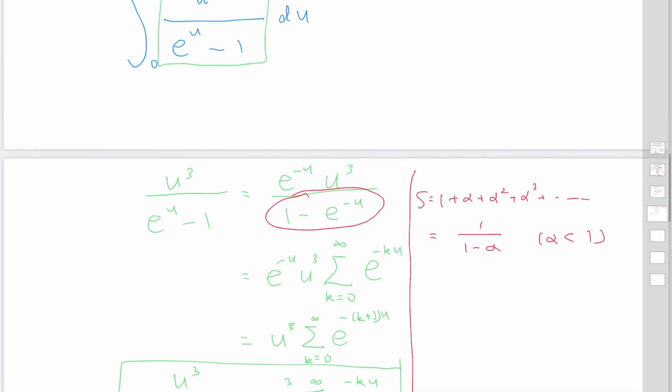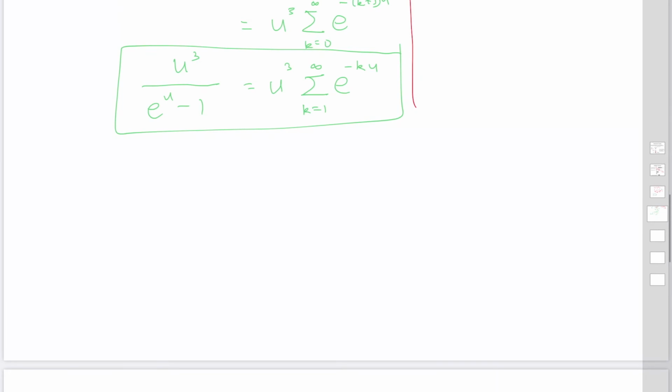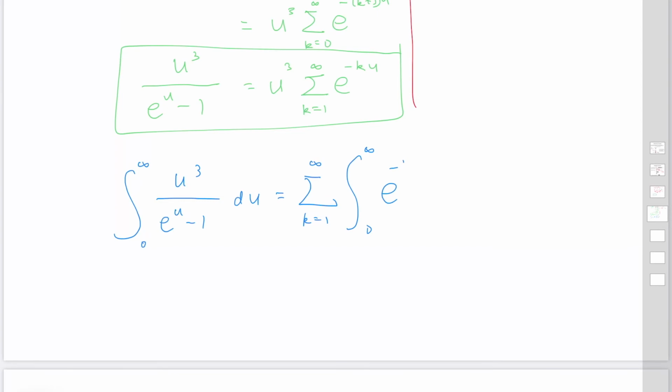Then you can substitute back into the integral. So the integral of u cubed over exponential u minus 1 from 0 to infinity du is expressed as sigma k equal 1 to infinity, integral from 0 to infinity of exponential minus ku, u cubed du.